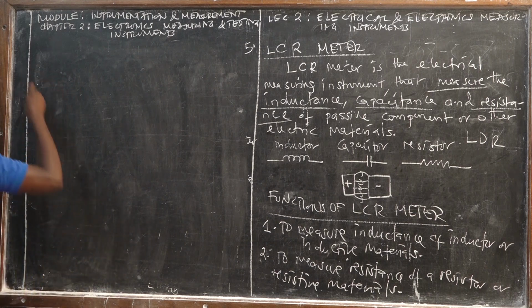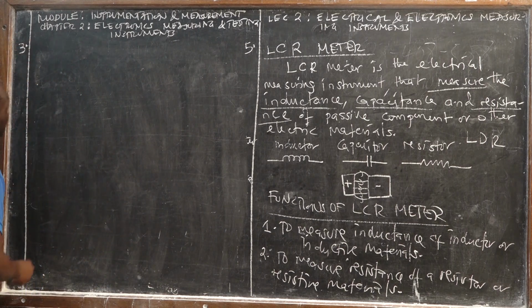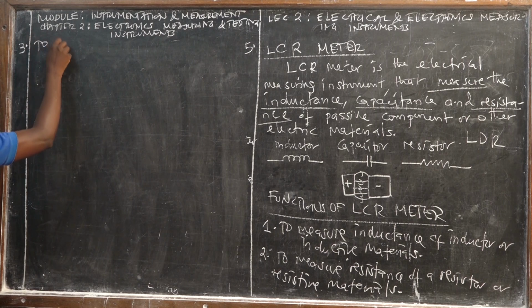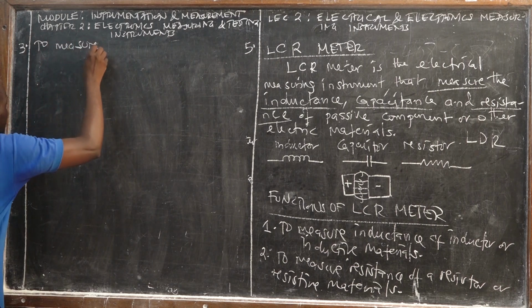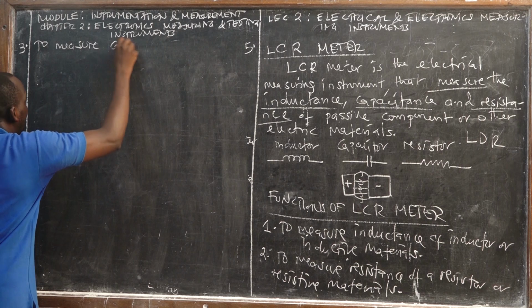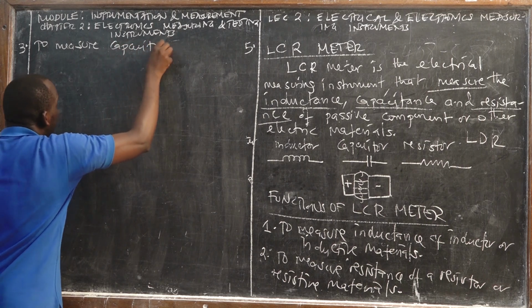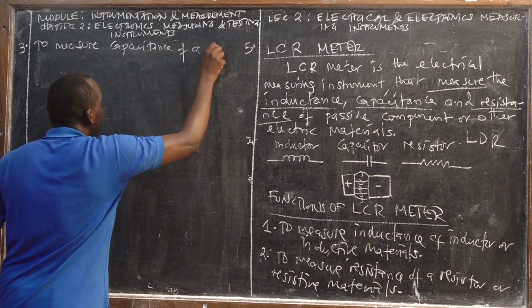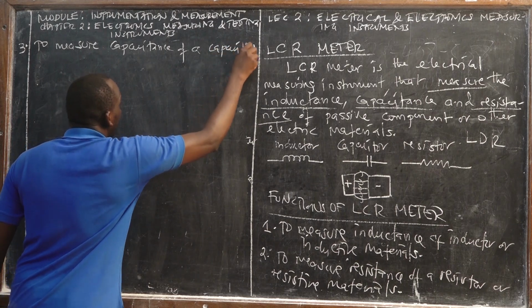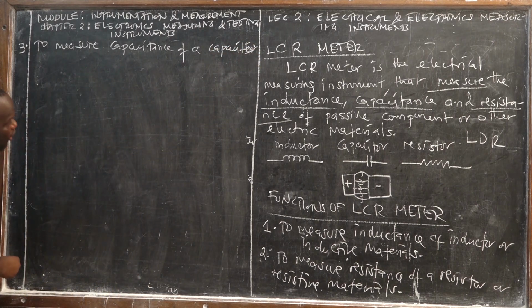Then, the third application of the LCR meter is to measure what? To measure capacitance. Capacitance of what? Of a capacitor, whether ceramic capacitor, electrolytic capacitor, paper capacitor or air capacitor.